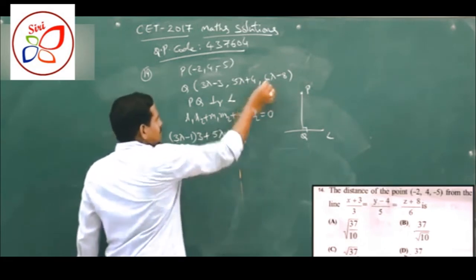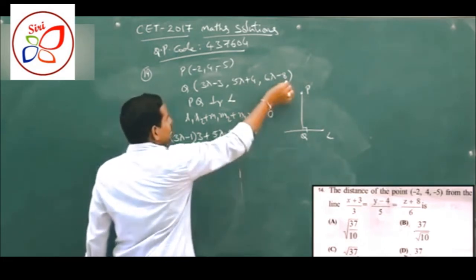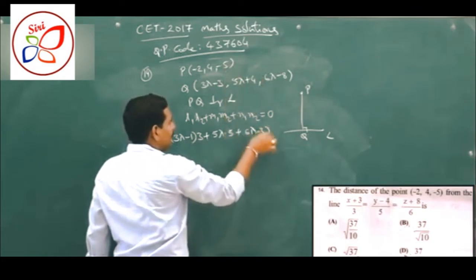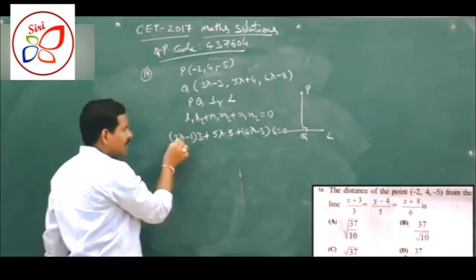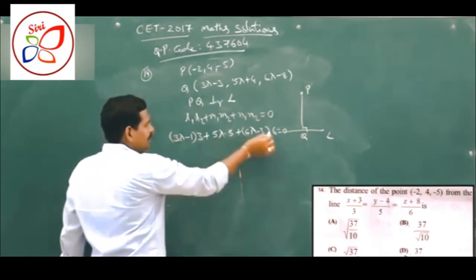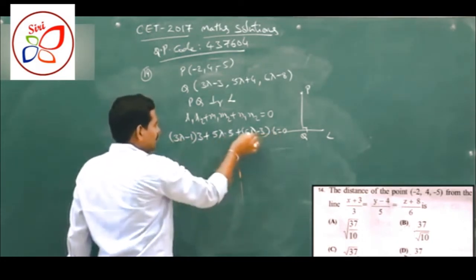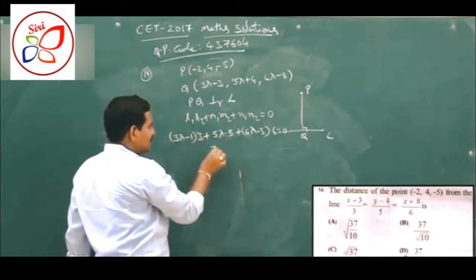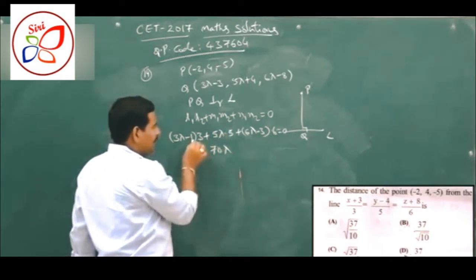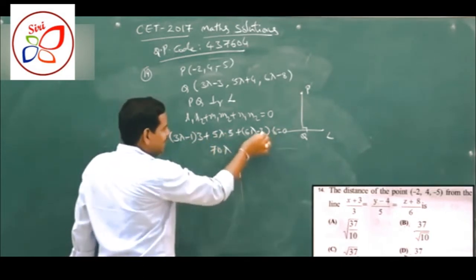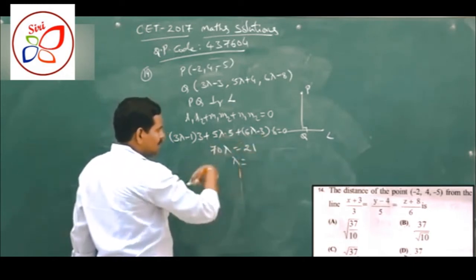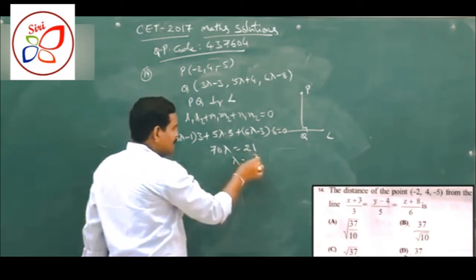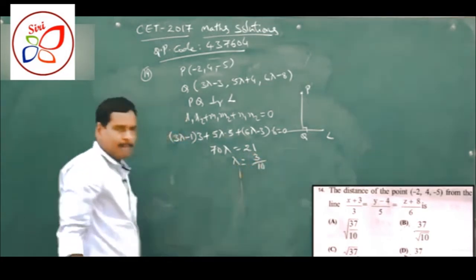N1: 6 lambda minus 8 plus 5, minus 3, into 6 is equal to 0. 9 lambda, 25 lambda, 36 lambda. 36 plus 34 is 70 lambda, minus 3 minus 18 is equal to 21. So lambda is equal to, after cancelling 7, 3 by 10.